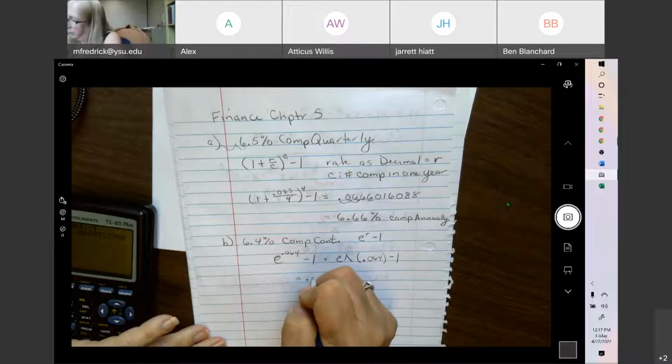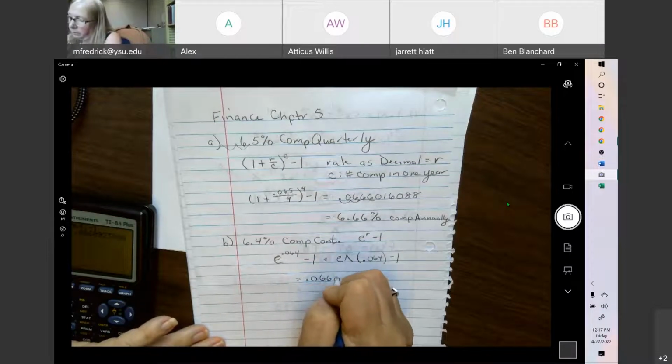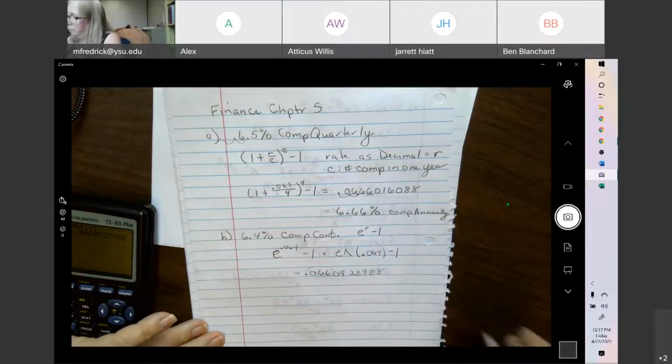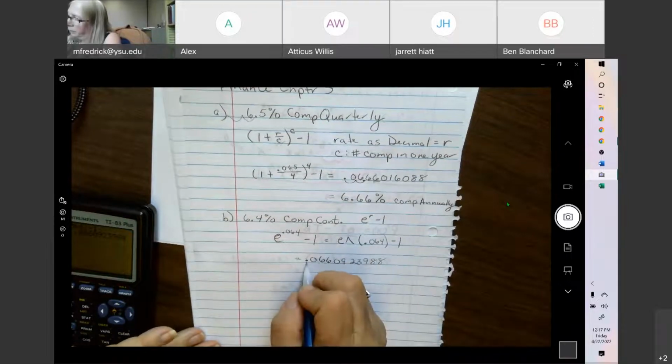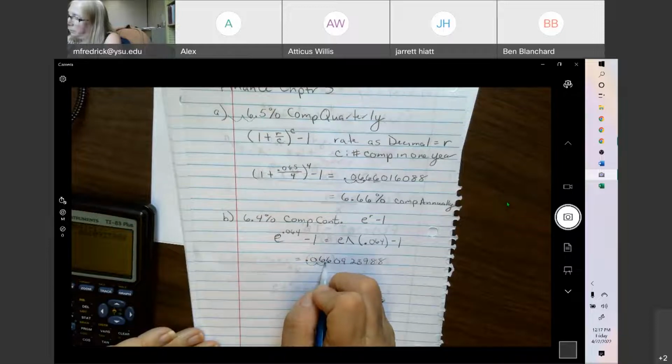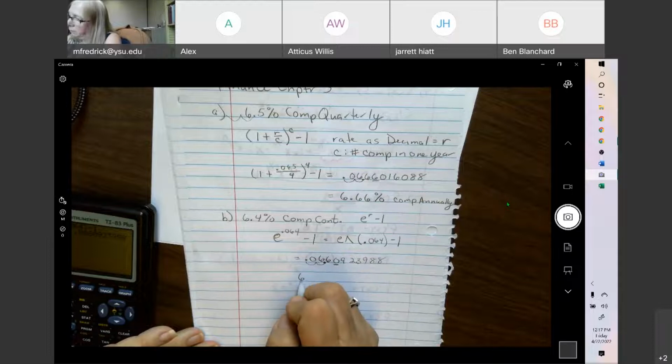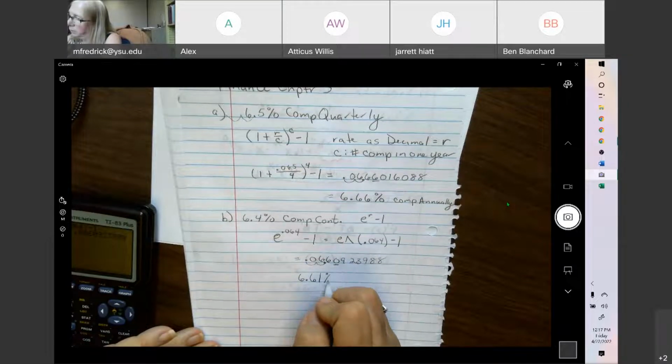So you should get 0.06609239888. We're rounding the percent to the hundredth, so 6.61%.